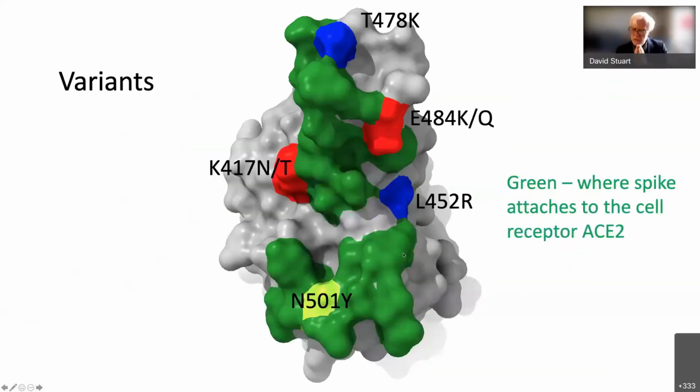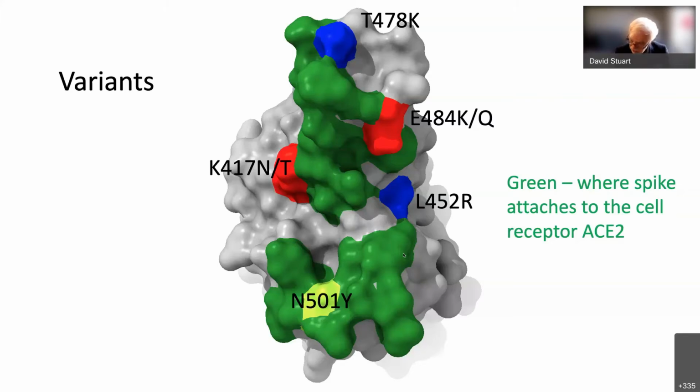So this shows where the variant mutations in the alpha, beta, gamma, and delta occur in the receptor binding domain. What's notable is that they are all either within or adjacent to the ACE2 binding region. Now, I would say at this stage, we've got no reason to think that these mutations have arisen in response to their antigenic escape strategy by the virus.